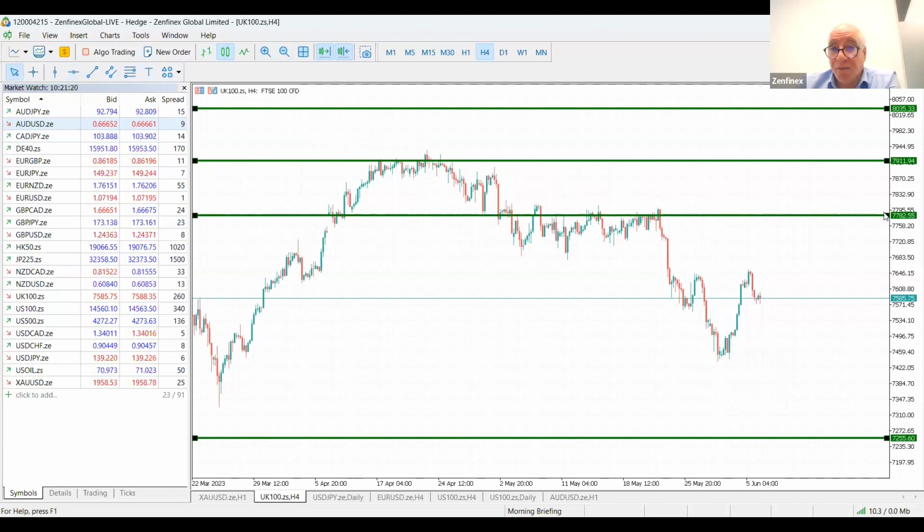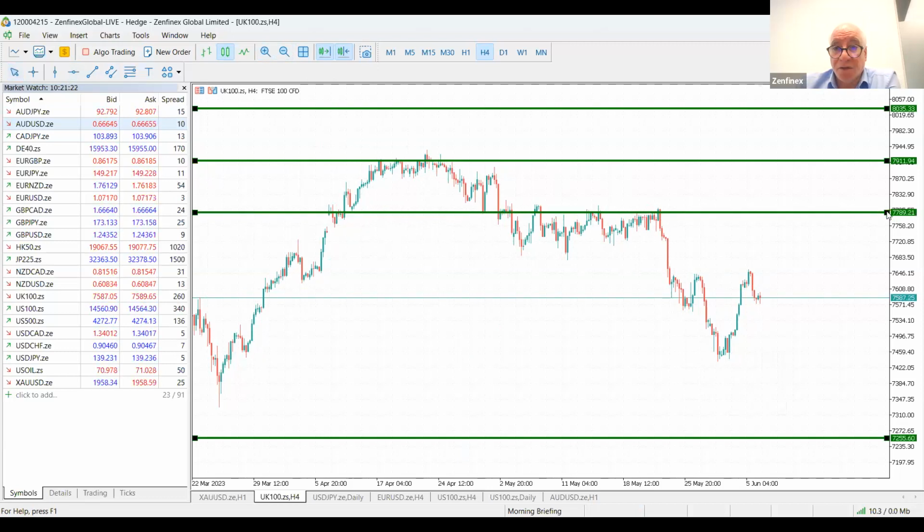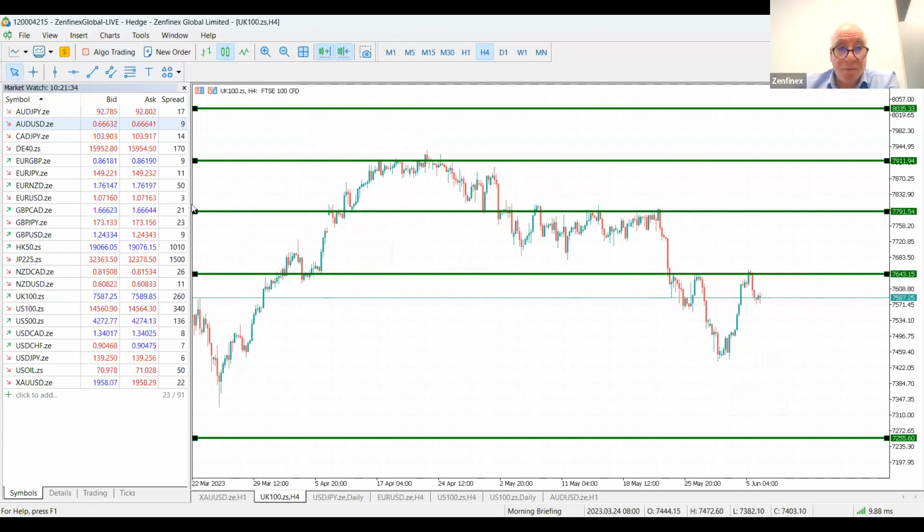So we can see here, there is a level of resistance. You can see this gap that eventually got filled. And we can see some levels of resistance here. So now we're starting to frame important levels, right?